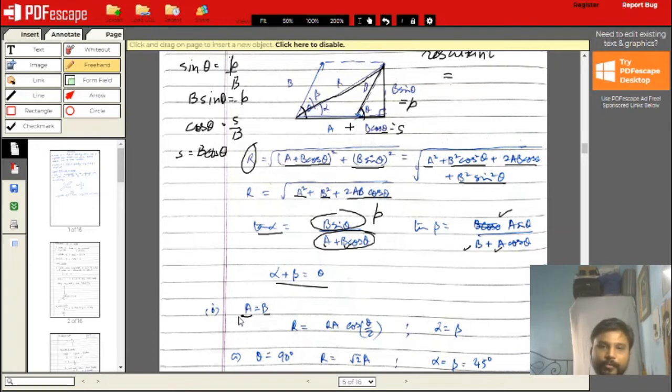So A is equal to B. If we put A equal to B in this formula, R becomes the square root of A square plus A square, since A is equal to B, plus 2A into A, because B is also A, cos theta.